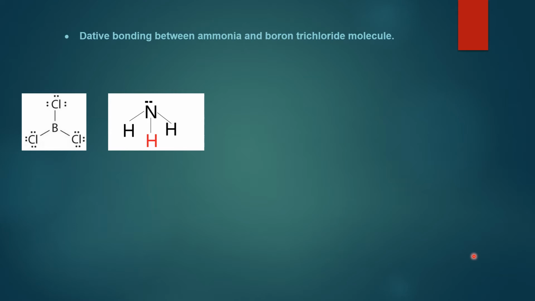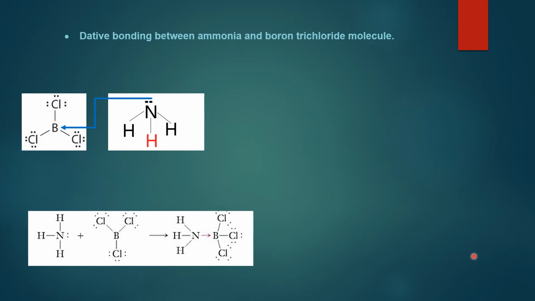This lone pair on the nitrogen atom in ammonia can easily be shared with the boron atom of boron trichloride, and as a result, these two molecules are combined as one through the formation of a dative bond. Since it is a dative bond, notice the arrow drawn between nitrogen and boron. The arrow indicates dative bonding, and its direction indicates that the nitrogen is the one providing the electrons to the boron atom.